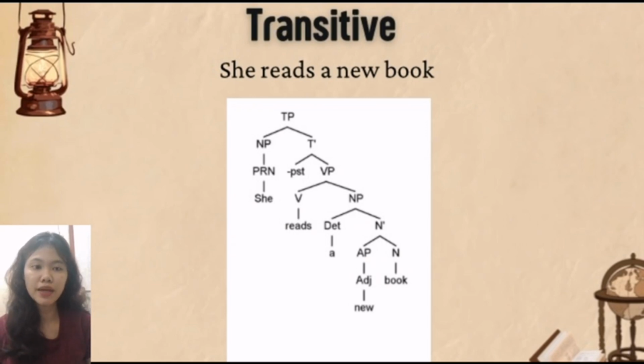The subject NP is she. Inside the VP, the verb reads is followed by an object NP, a new book. The noun phrase a new book contains a determiner, an adjective new, and a noun book. This object NP inside the VP shows that reads is a transitive verb.